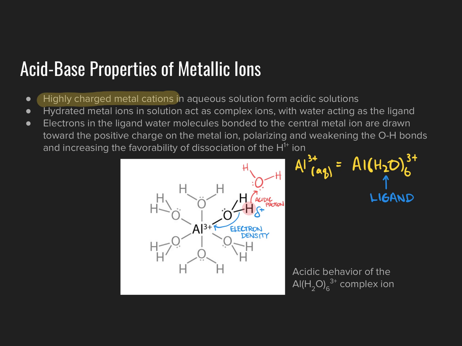And as such, we would consider a solution of, say, ferric nitrate or aluminum nitrate to be a likely acidic solution, whereas a solution maybe of sodium nitrate, where the sodium ion again only has a +1 charge, would not exhibit acidic characteristics because that sodium ion does not have a sufficiently large charge to meaningfully draw electron density towards itself, and as such, it doesn't significantly weaken the oxygen-hydrogen bonds within the ligand water molecules in, for example, a hexaaqua sodium-1 complex ion.